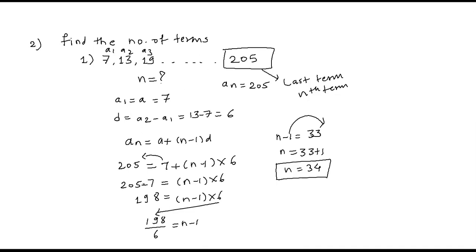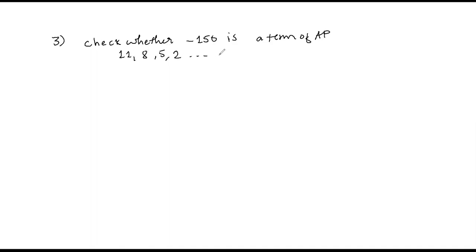Now, the third part of this type of questions is we have to check whether, let's say, minus 150 is a term of the AP 11, 8, 5, 2, and so on. So we just have to check whether minus 150 is a term of this AP or not.